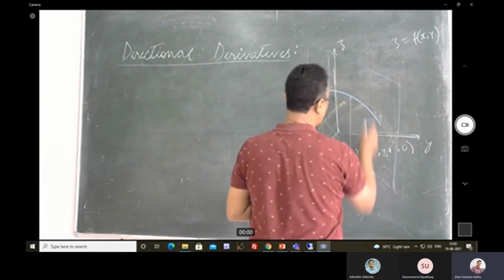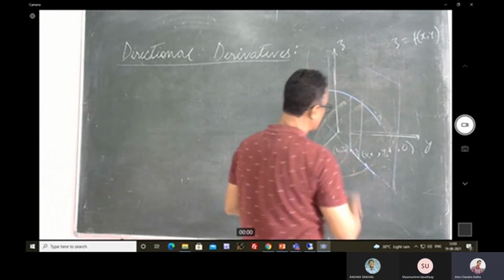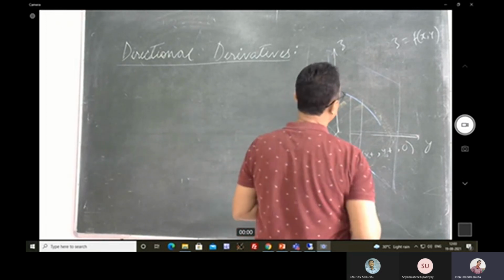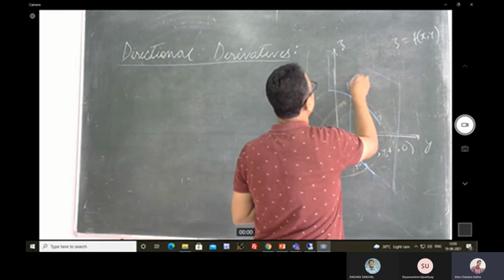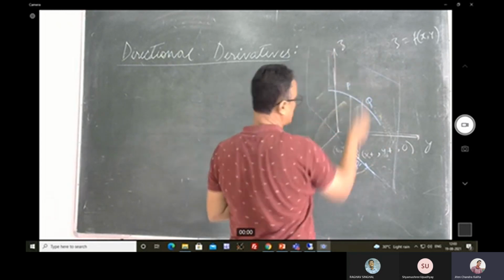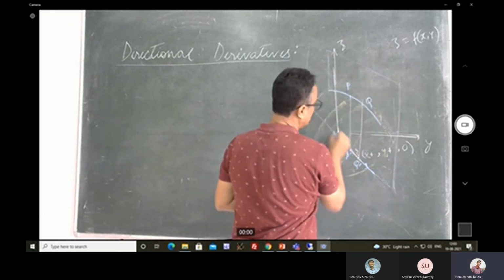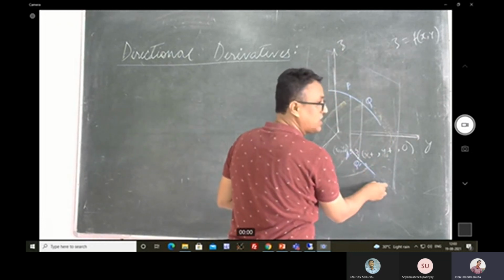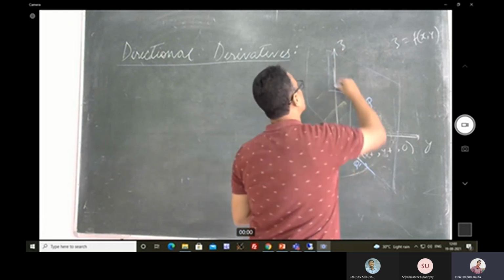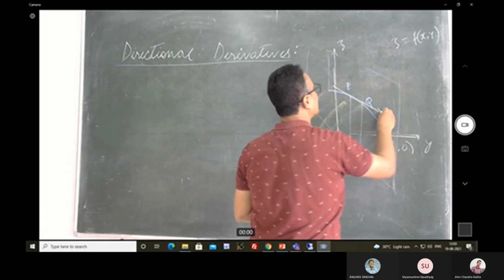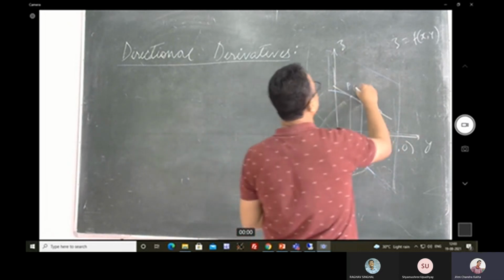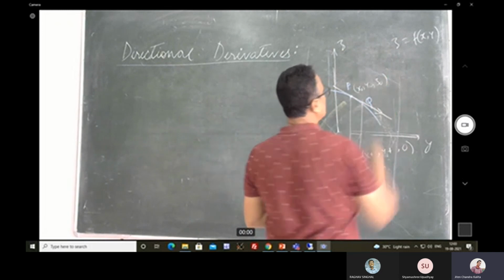Corresponding to these two points, say I call this point P prime and this point Q prime, I am going to have a point P here and Q here on that curve, right? The curve is nothing but the intersection of the vertical plane through this direction and this surface. Then I draw a tangent at this point P, which is x naught, y naught, z naught.